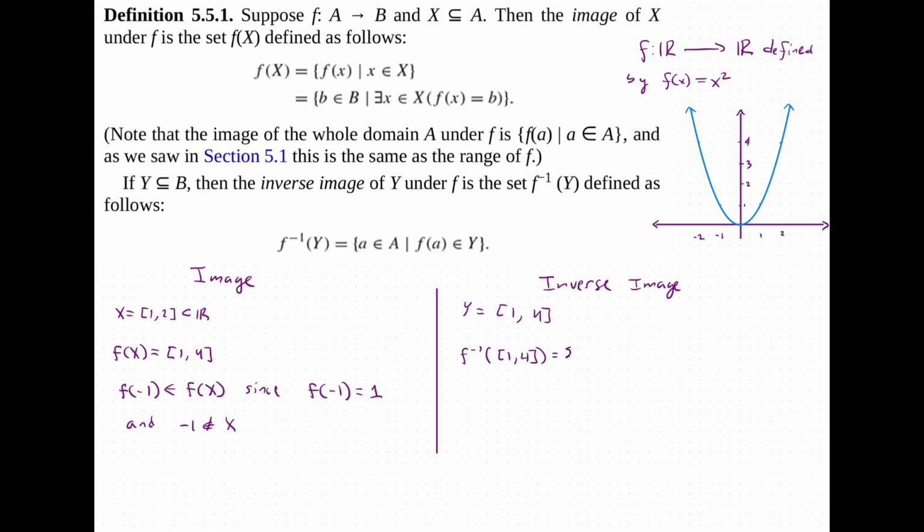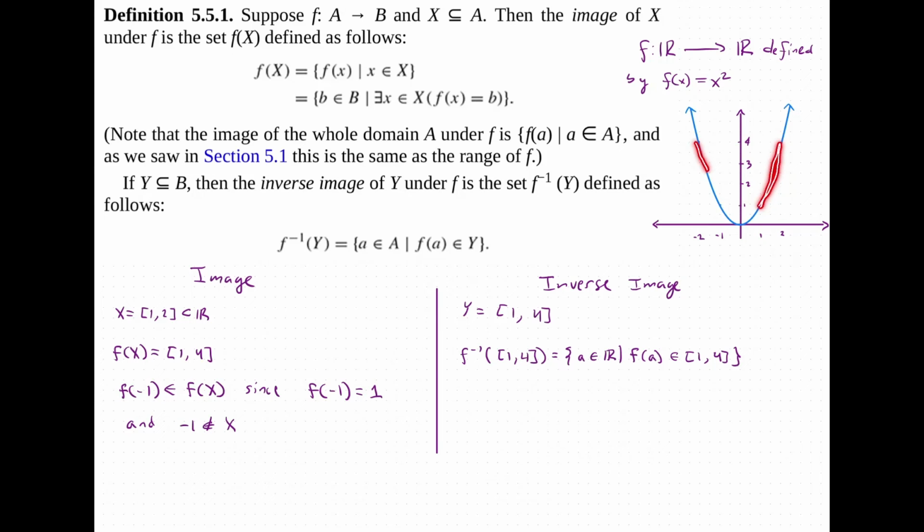And so by definition, this is the set of real numbers A such that f of A is in Y. So we're looking at now the set of real numbers A such that f of A lands us in the set [1, 4]. In other words, we are looking for those inputs in the domain of the function that map to an output in the set [1, 4].